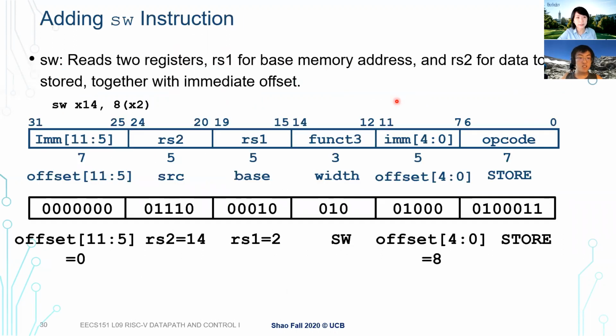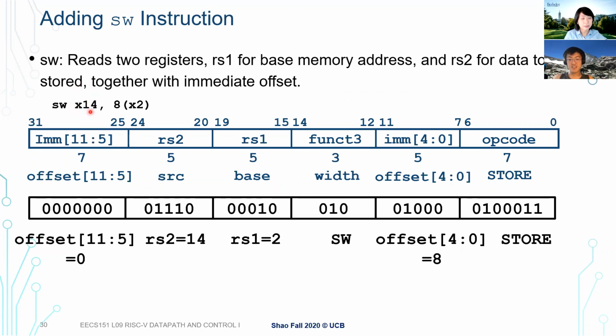Again, let's take a look at an example here. Let's do a store instruction. We mentioned earlier, there are two source registers, one for the base, one for the value we want to store, and we have an immediate that is used to specify the offset. In this case, we don't have a destination register.